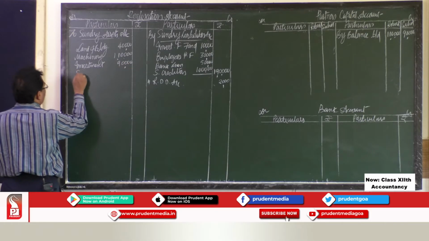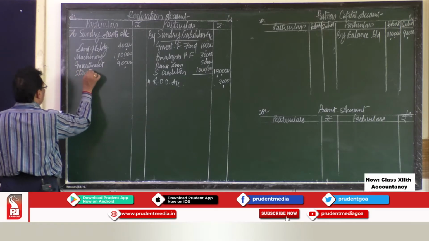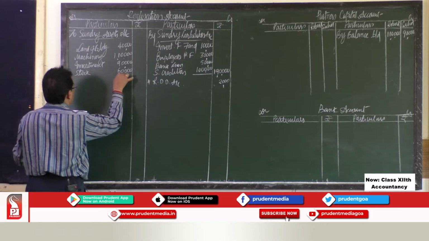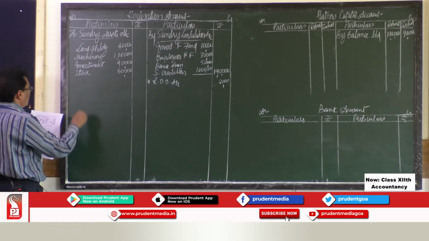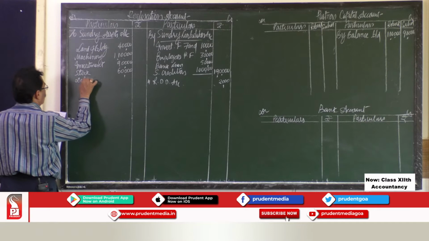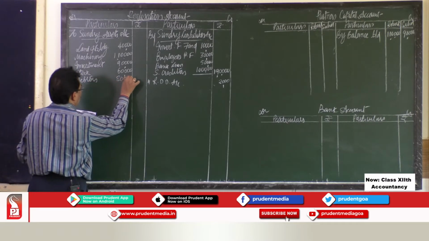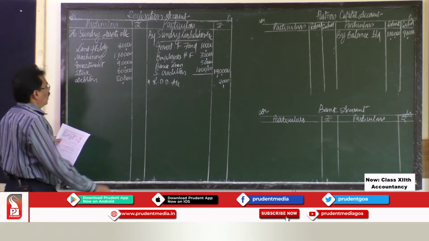Then stock rupees 60,000. Then debtors rupees 80,000.